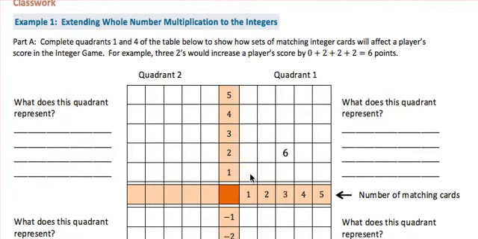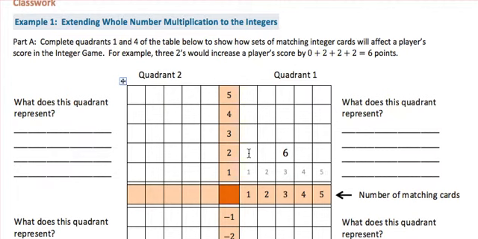So if we had 1 1, it would increase the score by 1. If we had 2 1s, it would increase by 2. 3 1s would increase by 3. 4 1s would increase by 4. 5 1s would increase by 5.